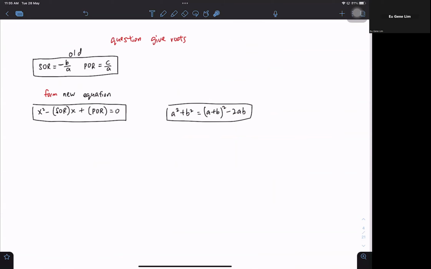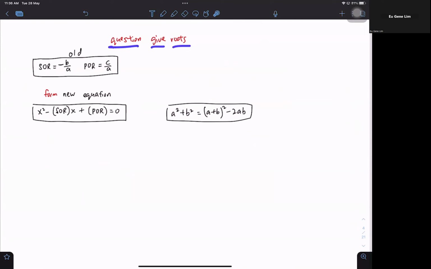Because the question won't tell you. The question won't say, oh, this is a sum and product question, please use the formula. So how do we know when we see one? When the question gives you roots.